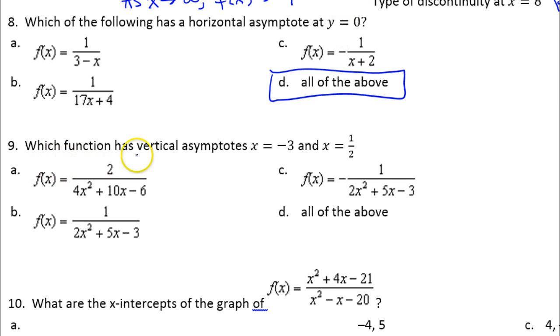What about number 9? Which function has a vertical asymptote of -3 and 1/2? So the idea would be to factor these and see which one's going to give you -3 and 1/2. I don't know which one it's going to be, but let's just start factoring. So let me grab this one real quick.